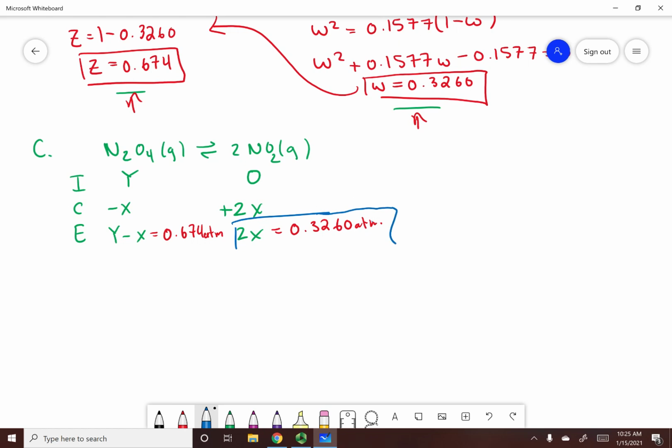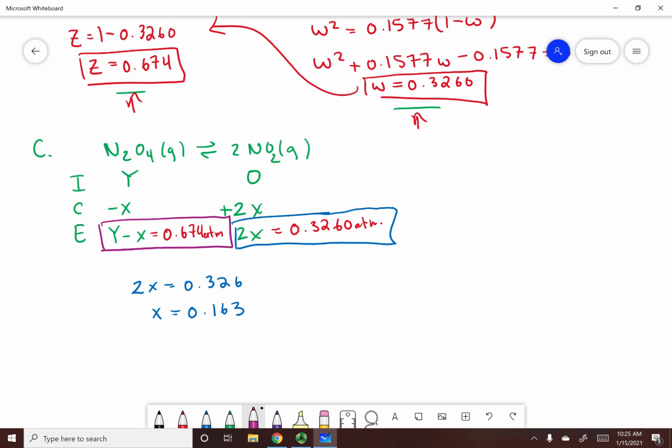This right here is probably the easiest to solve because I can just divide by 2 to get x. So 2x equals 0.326. I divide both sides by 2, and I get that x is 0.163.